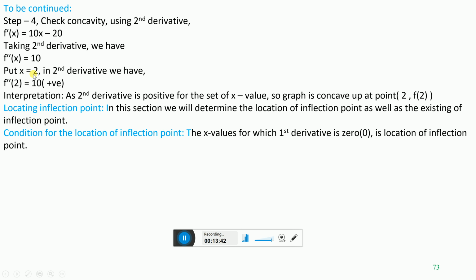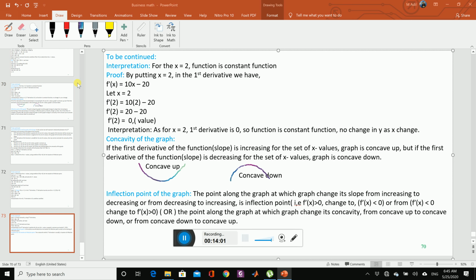So put x is equal to 2 in the second derivative. I am replacing x with its value 2. f double prime of 2 is equal to 10. So the second derivative for the x value equal to 2 is positive, and we will say that the graph of this function will be concave up.